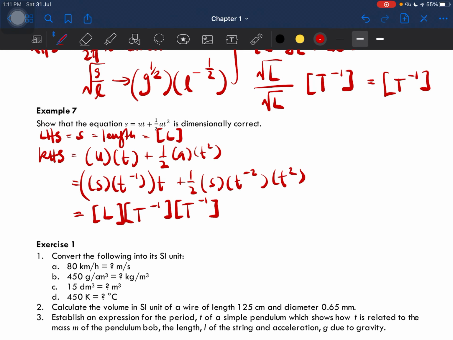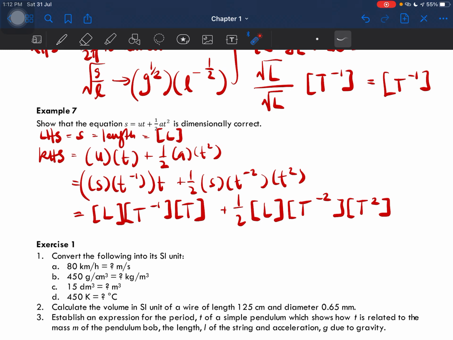Why T negative 1? It is just T. See, it is just T written, so there's no negative 1 here, okay? So plus half, S is length, T is time, T square is also time.